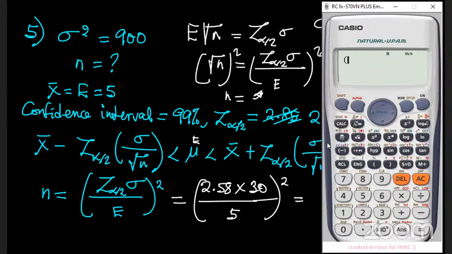I have a bracket, a fraction, 2.58 times 30 over 5, squared.